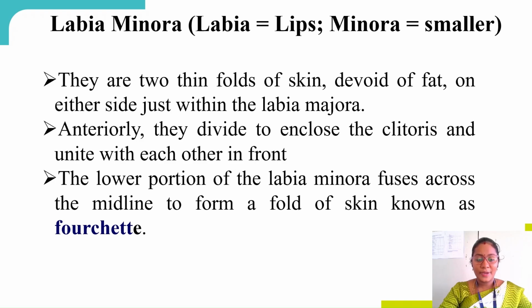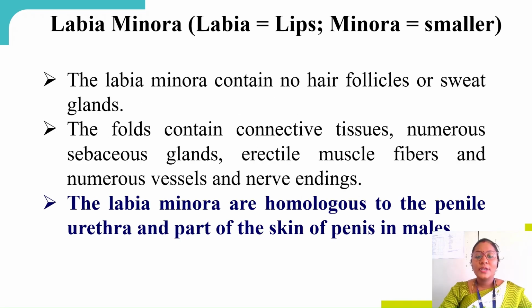The labia minora contains no hair follicles or sweat glands. The fold contains connective tissue, numerous sebaceous glands, erectile muscle fibers, and numerous vessels and nerve endings. Like the labia majora, it is homologous to the penile urethra and part of the skin of the penis in the male.